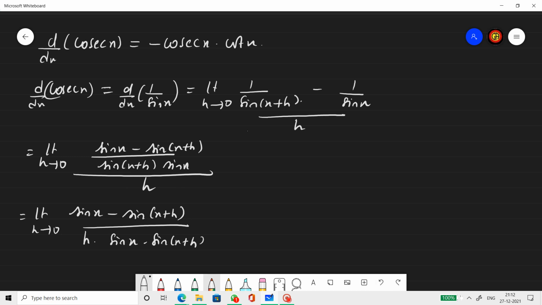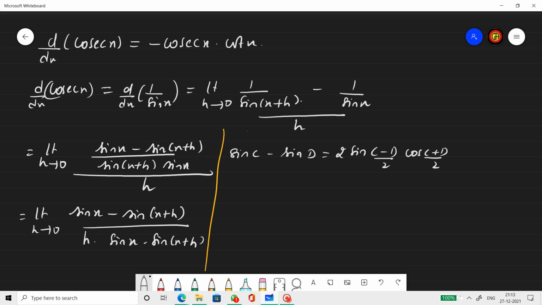Then the numerator is in the form of sin C minus sin D. Sin C minus sin D is 2 sin((C minus D) by 2) cos((C plus D) by 2).